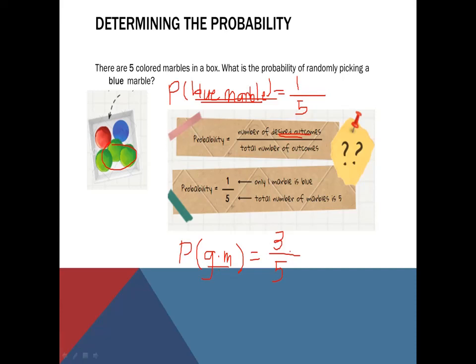As you can see, our chance of picking a green marble is greater than that of a blue marble. If you have no idea, just look at the numbers: 3/5 has a greater value than 1/5.